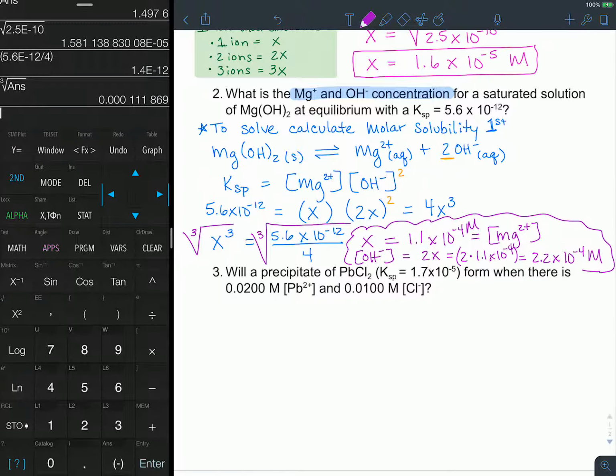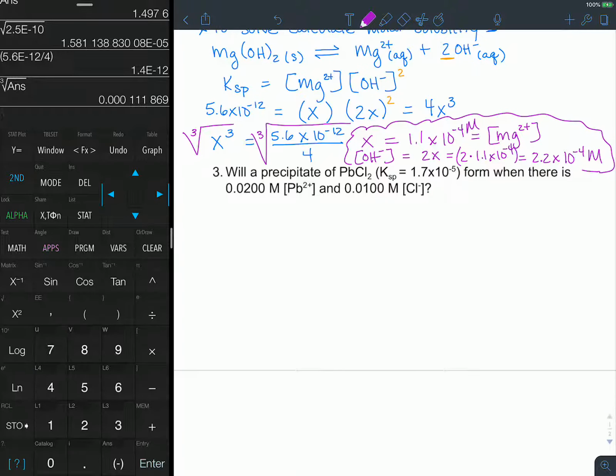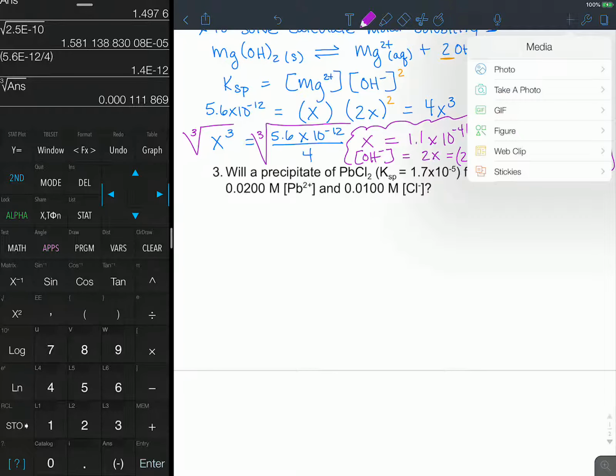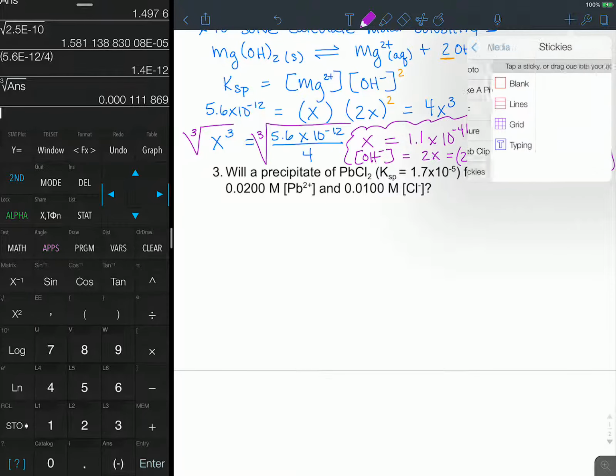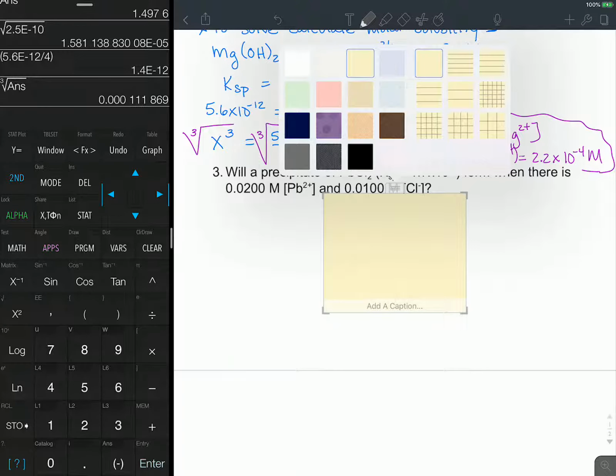All right. So now in the very last one, we are asked if a precipitate will form. And so this is when we have to do some comparison. So let's do another sticky note here for some important information that we need in order to do this. So we'll do another sticky, make that green. Okay.